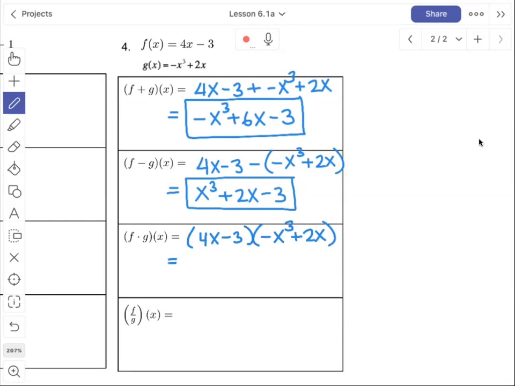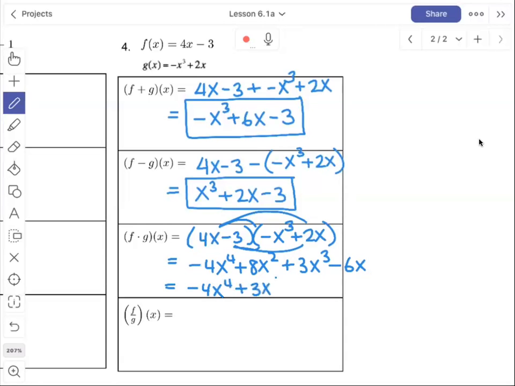And then negative 4x to the 4th plus 8x squared, plus 3x cubed. Good. Minus 6x. Good. And let's put that in order.